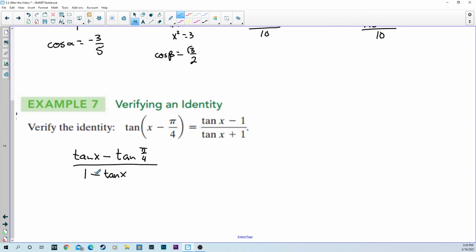Actually this is going to be a plus, it's opposite sign on the bottom, and then tangent of pi over 4. Now the tangent of pi over 4 is 1. On top we have the tangent of x minus 1, and then if the tangent of pi over 4 is 1, on the bottom we have 1 plus tangent of x, which is what we want, except this is backwards, but that's plus and it doesn't matter.